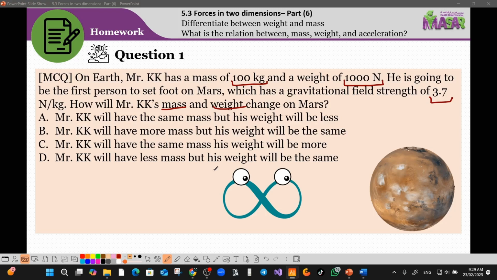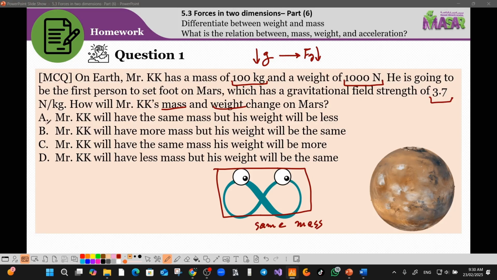Now, since we have the same object, but now on different planets, same object means same mass. Now we know that the mass won't be affected by changes in location. This is why we have the same mass. Now, what about the weight? The weight represents the force of gravity, and we know that the force of gravity will be affected by the change in the g. Now, if the g increases, the force of gravity will increase, and if the g decreases, the force of gravity will decrease.